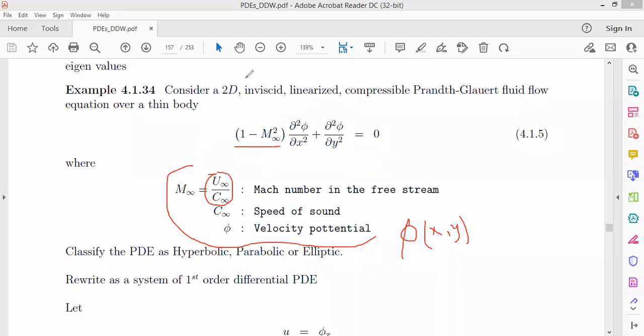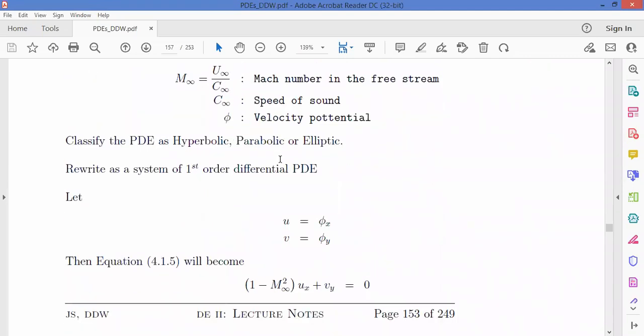So in this, we solve this, and in solving this, there is no big deal here.